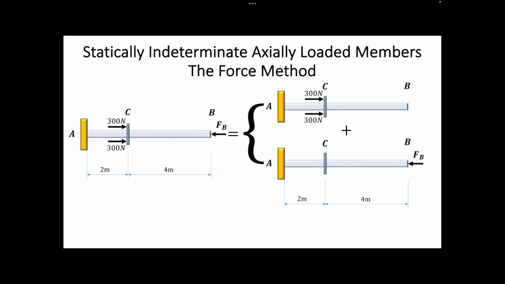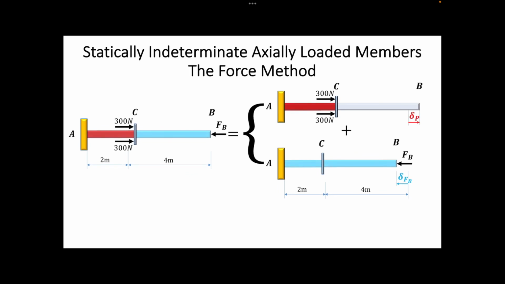Now let us see the deformation of the bar overall and the deformation of the bar caused by each load separately. Since the overall displacement of point B is equal to the sum of the displacement caused by the external force and the displacement caused by the reactive force FB, and is equal to 0, we have the following equation.